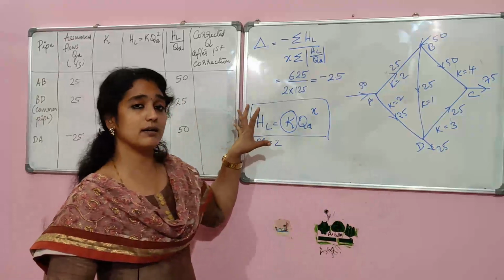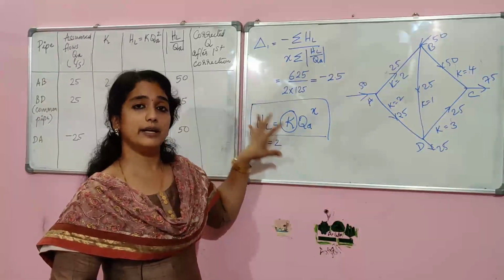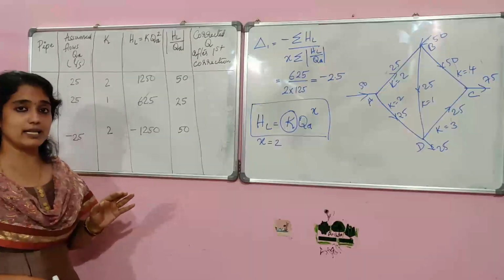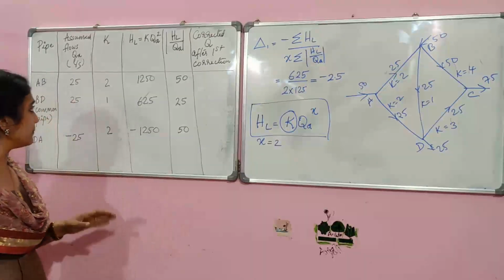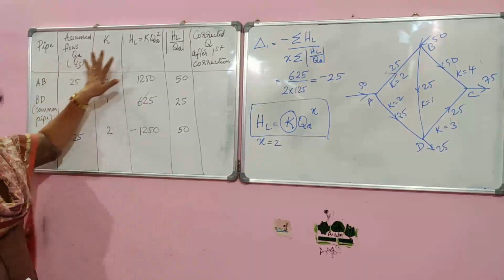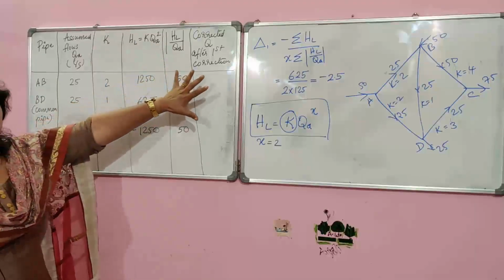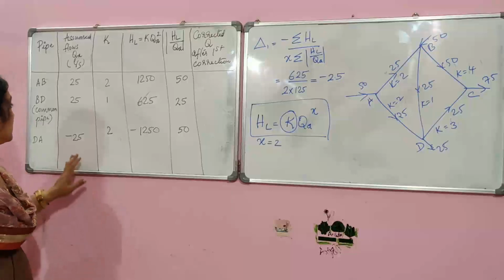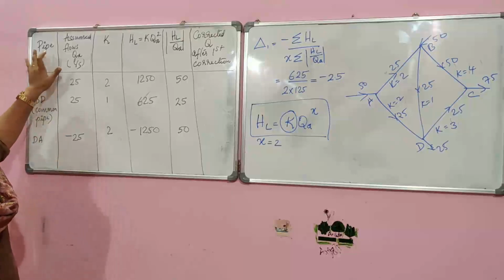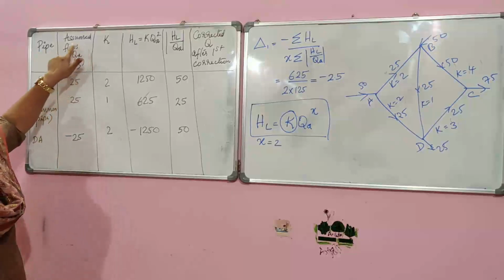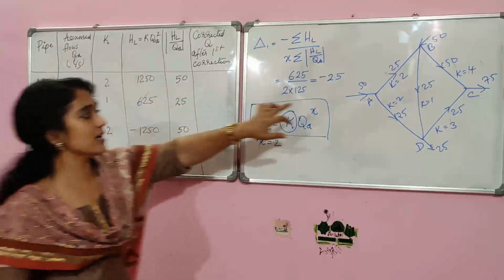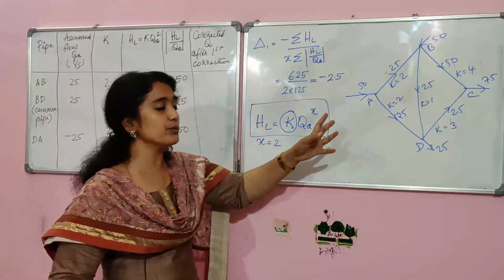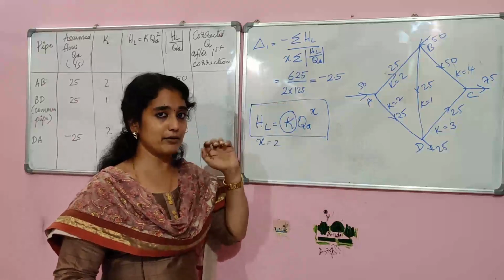So this is the equation for head loss. Then we will move on to the pipe network analysis, that is the Hardy-Cross method. Here is the tabular column that you should complete for the analysis. The first column is the pipe, then the second column is the assumed flows, that is 25, 25, 50, that we have already assumed for the given pipe network system.